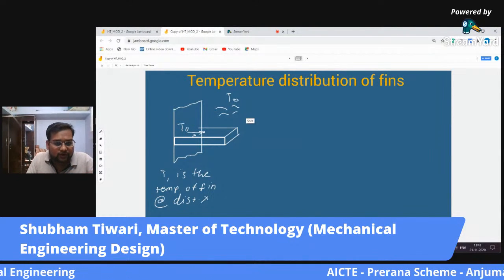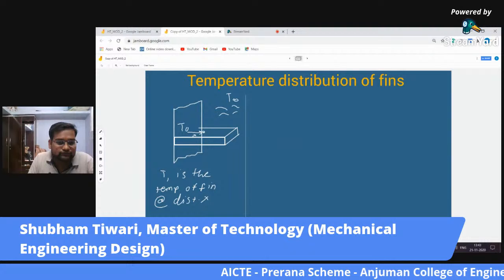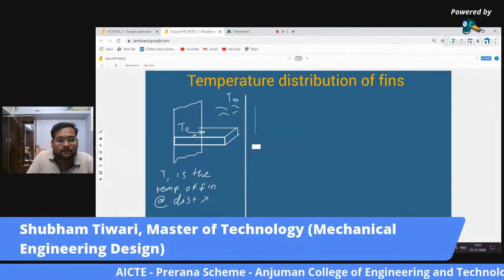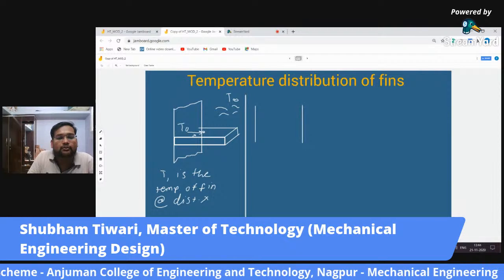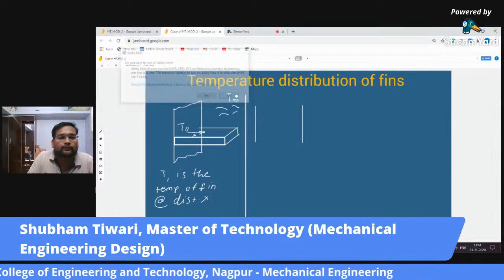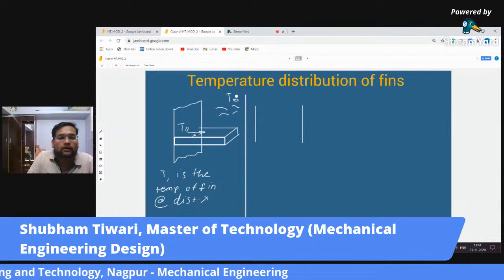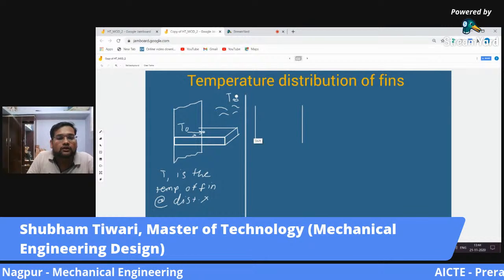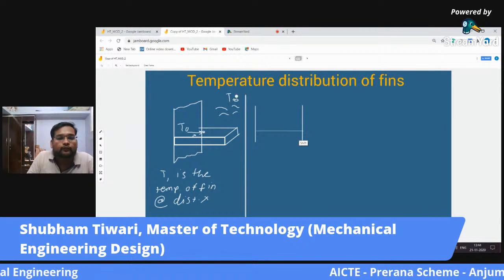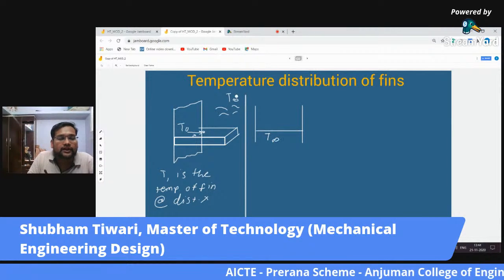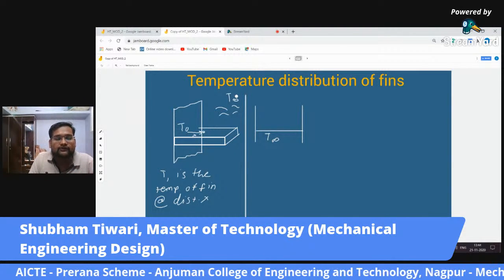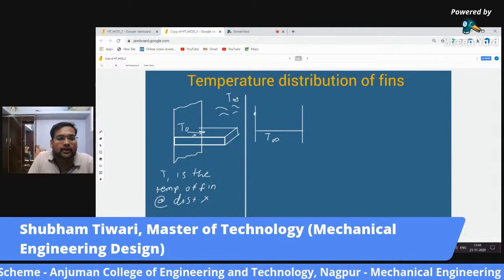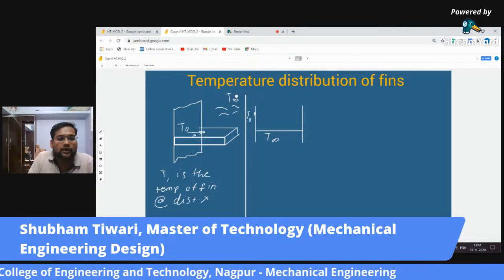Let us now draw a graph so that we can simplify the visualization of the temperature distribution. This is our ambient temperature T infinity, which is less than the temperature of the wall. Here the temperature is T naught.